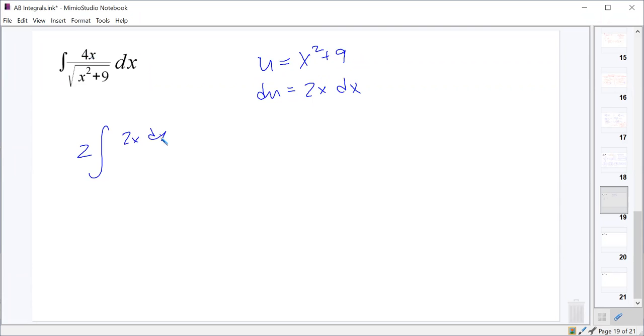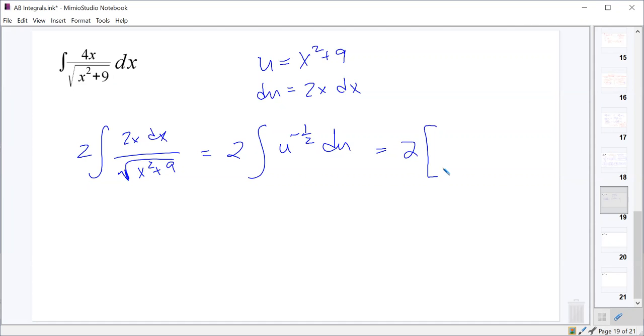And then we have 2x dx over root x squared plus 9, which then becomes what? 2 times the integral. This x squared plus 9 will become a u, and so a square root of u in the denominator. What's the square root of u in a denominator? That should be u to the negative 1/2, right? And our 2x dx is du. When we integrate u to the negative 1/2, what do we get?